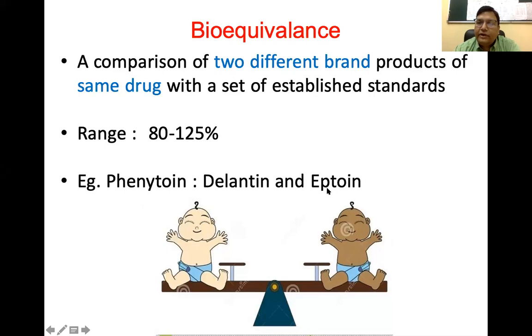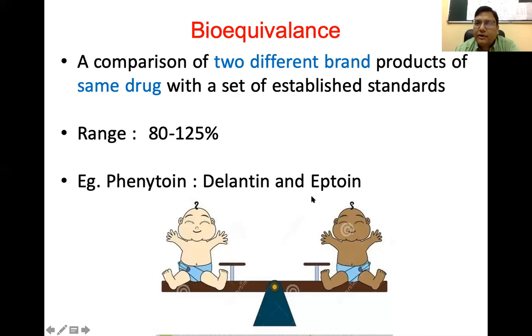The release of phenytoin from this formulation was lower, so the bioavailability was lower with Eptoin. So what happened? The patients who were controlled with the earlier product, when they were given the second product, had seizures. Then the need for these bioequivalence studies came into existence.